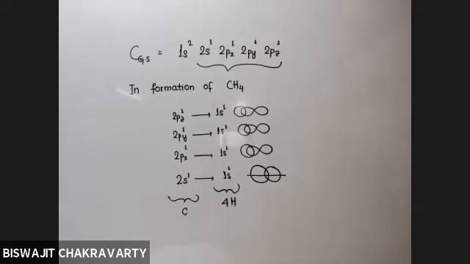Now we see that if carbon invites these 4 hydrogen atoms, then the type of bonds are sigma, no doubt. But out of the 4 bonds formed, one of the bonds is different from the other 3, because SS sigma bond should be different from that of SP sigma bond, isn't it?